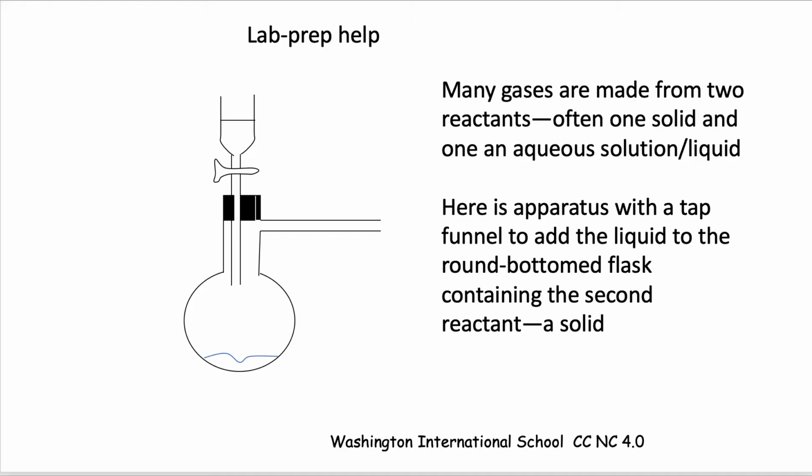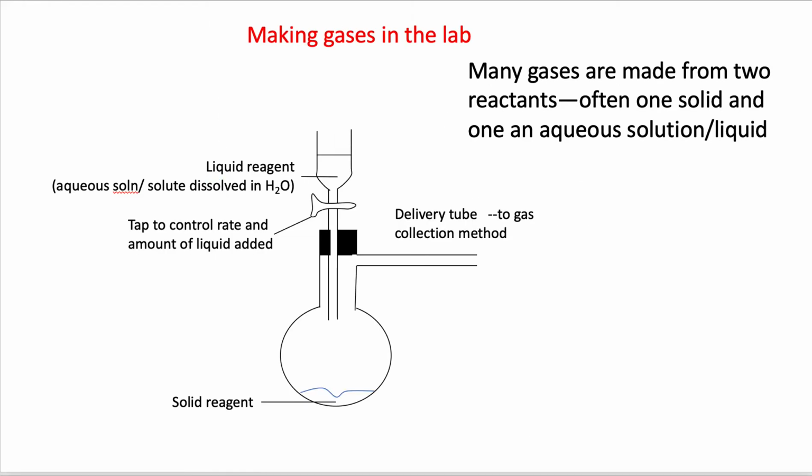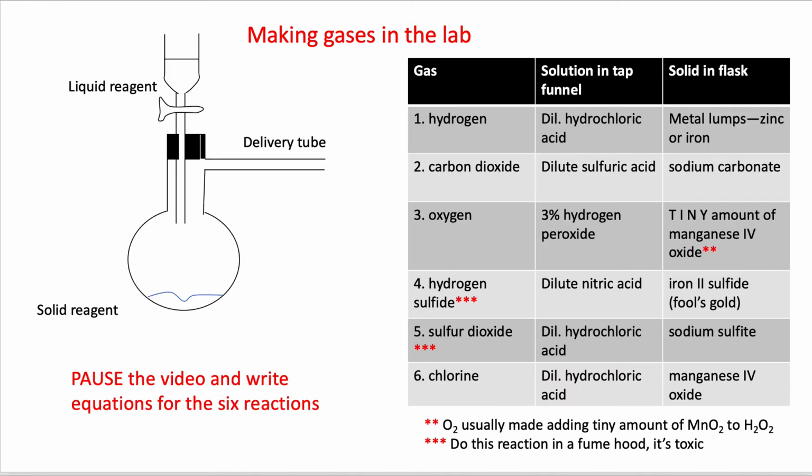The solid would be put in the flask first, and then the liquid would be added, and the gas would lead out of the side arm, the delivery tube, to a particular collection method. And here we have 6 different gases and what the liquid is, solution, aqueous solution with water, and what solid is in the flask.